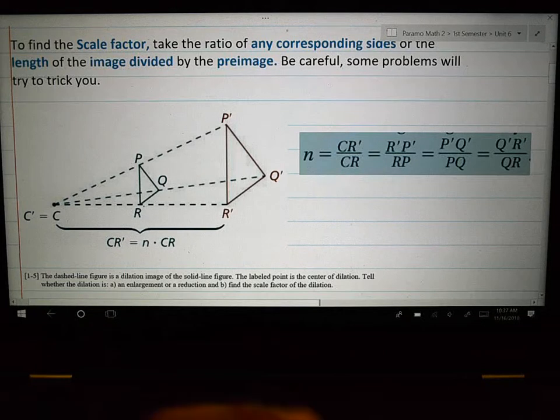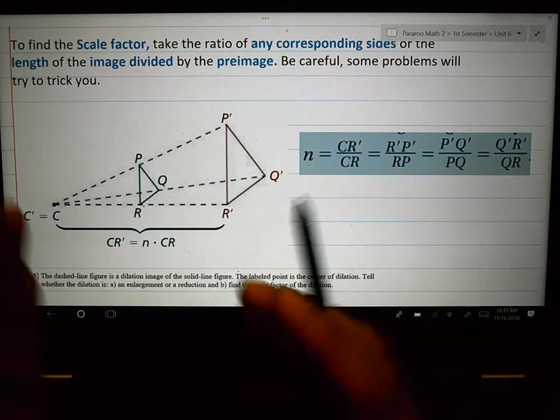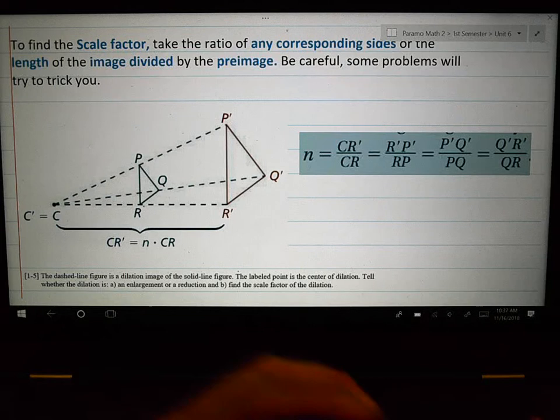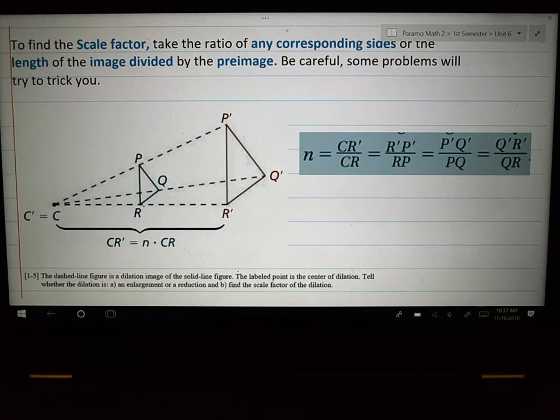The scale factor gets multiplied by everything. This side, this side, this side. It's the same number every single time. Otherwise, it would distort it. Otherwise, it would not be in proportion or not be similar.